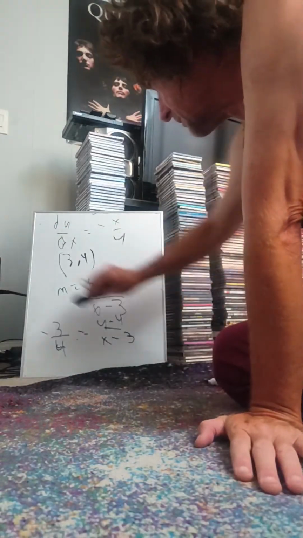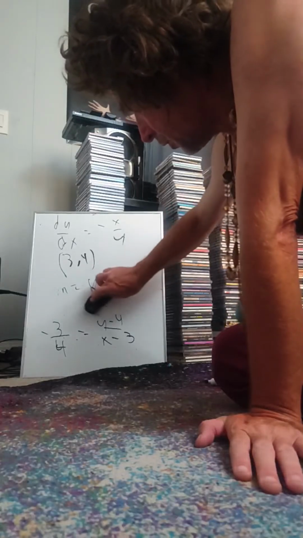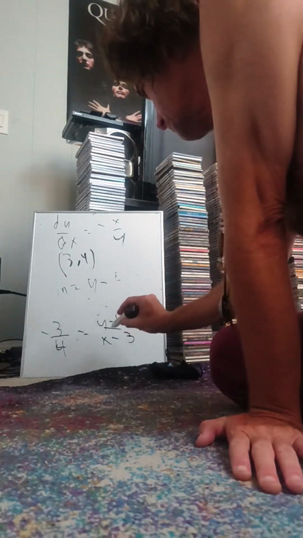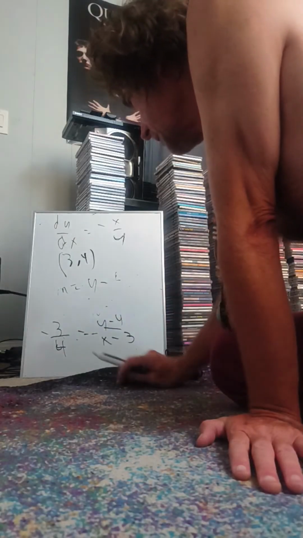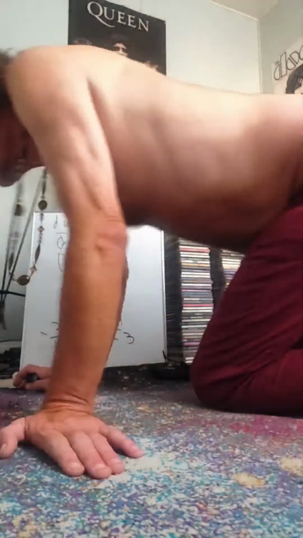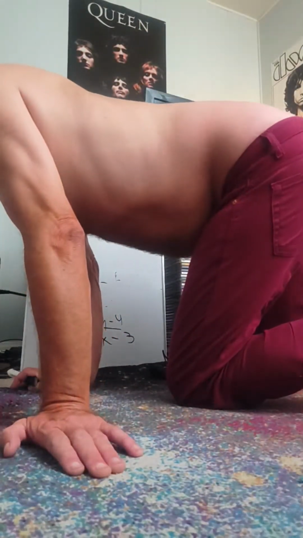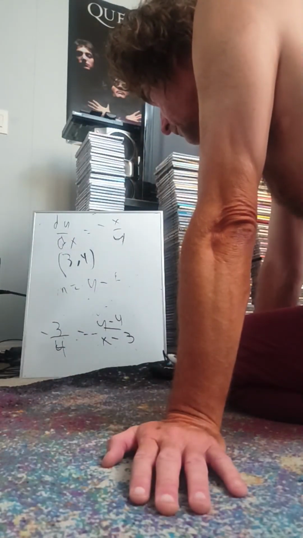So let's do some erasing here. And this is minus, by the way. I forgot. Yeah, minus 3/4 equals minus x over y. Wait, that was x over y. No, that's not true.